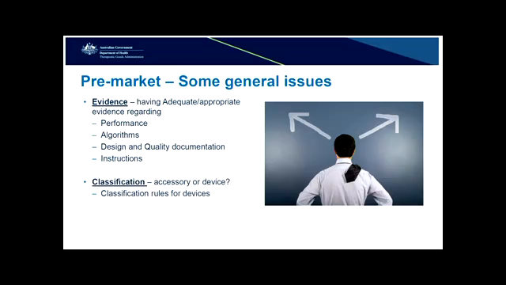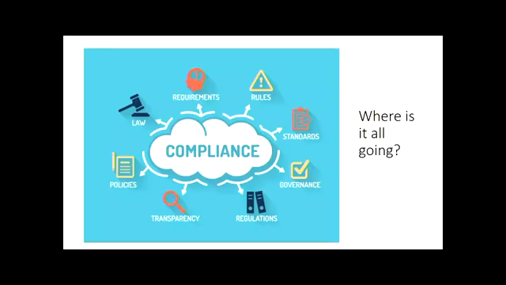They're going to look at your design and quality documentation, and instructions for use are the big one. Then they're going to look at your classification, and whether it is appropriate and meets the rules. So the idea is to basically have it fit into the framework that we're familiar with.